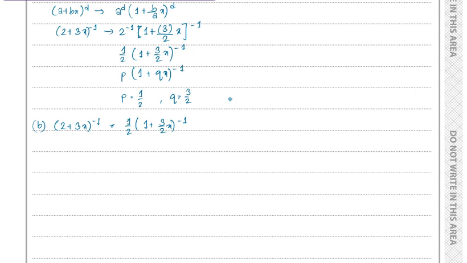So this is in the form a^d (1 + b/a x)^d. When something is in this form and you want to expand it, the format will be something like this.